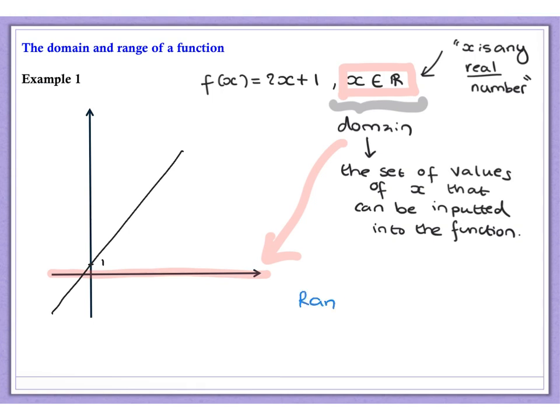So our range would be expressed as this. We can write down that y is any real number. Or, if we want to, we could say f of x is any real number. So the range is always expressed in terms of y or f of x, and the range specifically refers to the y-axis, or the set of y values that are possible.